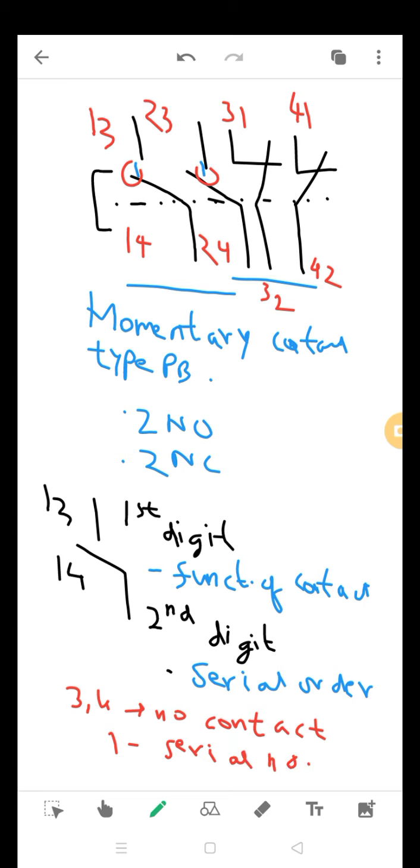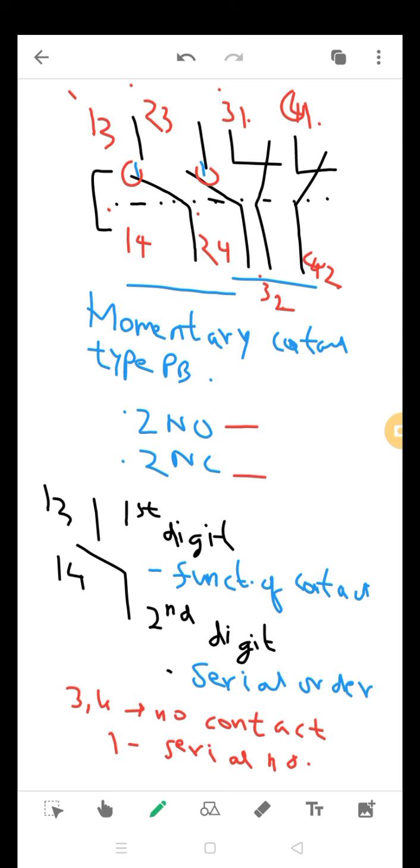So this is the first serial number, this is the second, the third, and the fourth. So 3 and 4 in the function place indicates the no contact region, whereas 1 and 2 indicates that these are in the contact region. So there are two open positions and two closed positions.